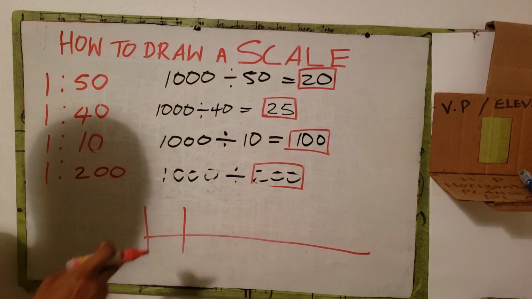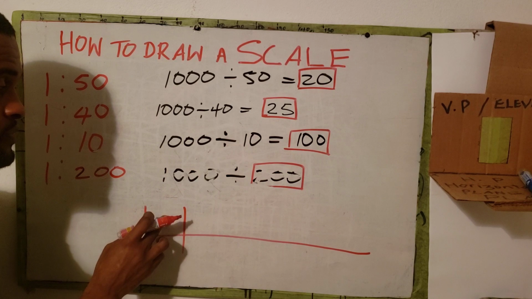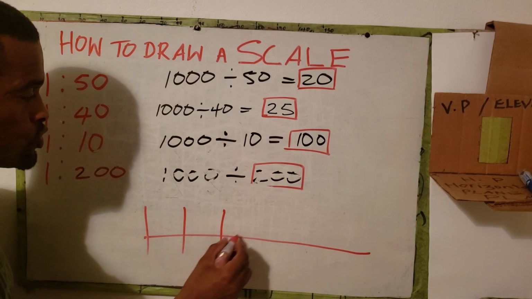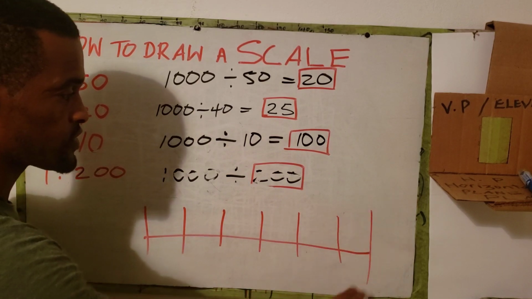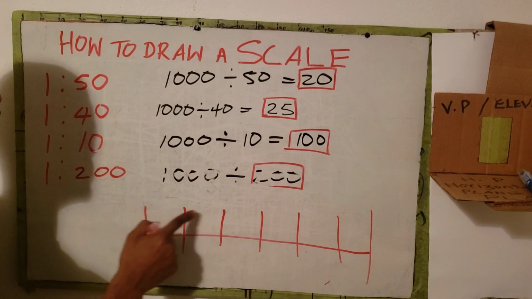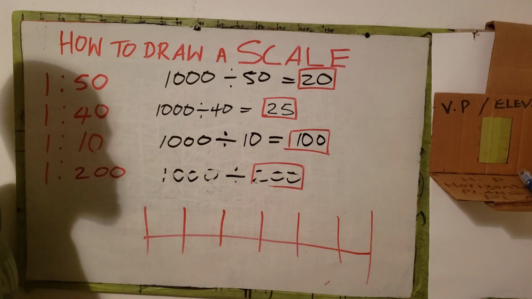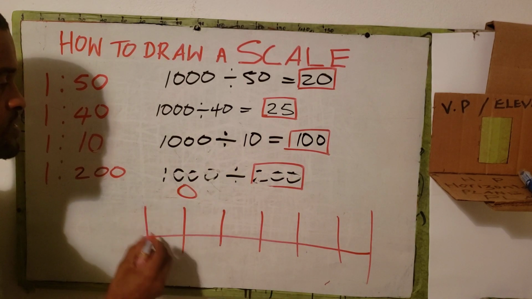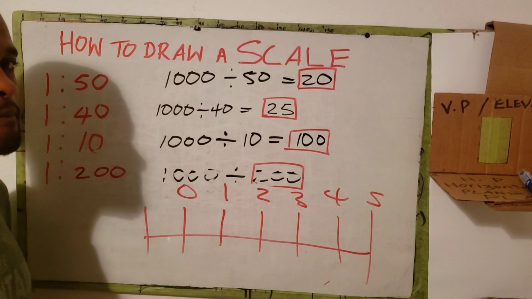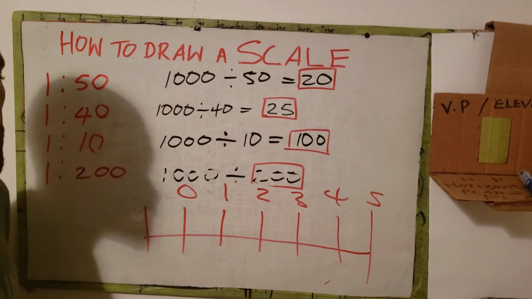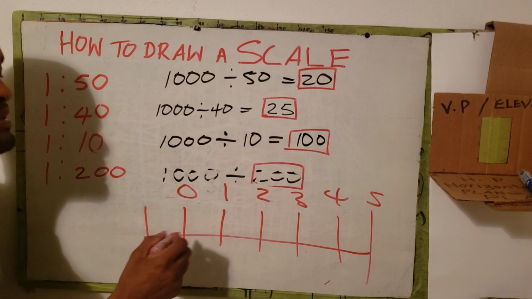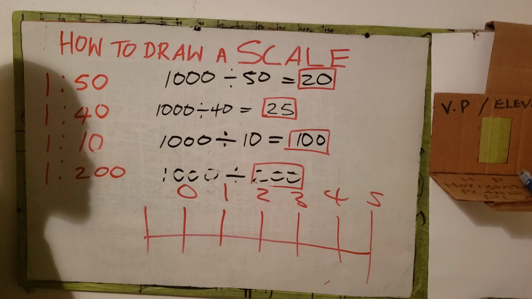Remember though that each major increment is 1,000. So here we have 1,000, 2, 3, 4, 5, 6. It means therefore that this scale can measure a maximum of 6,000. And of course, 0 starts here, 1,000, 2,000, 3, 4, 5. And of great importance, please remember that you must divide the first one into 10 equal parts.